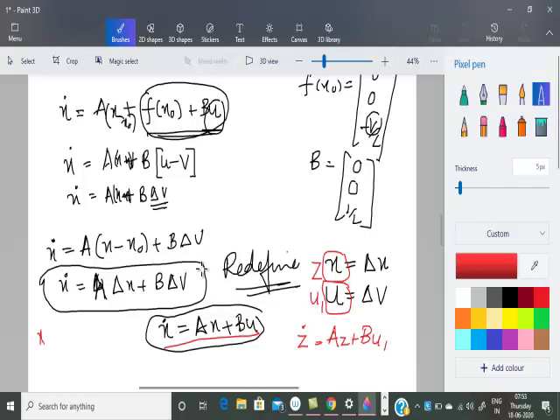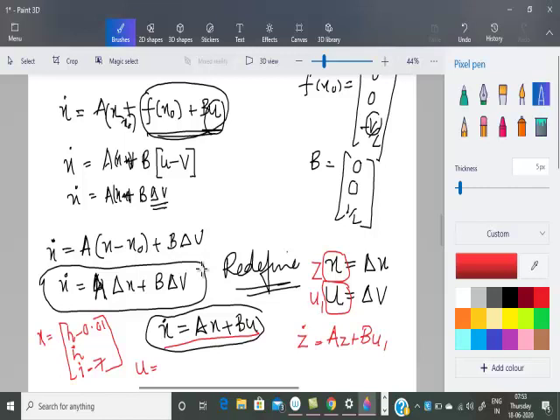The variables x are equal to the deviations in the height, which is h minus 0.01. The second state variable is h dot, and the third is the deviation from the equilibrium point, that is current, I minus 7. So these are your state variables, and your u is equal to the deviation from the equilibrium voltage.